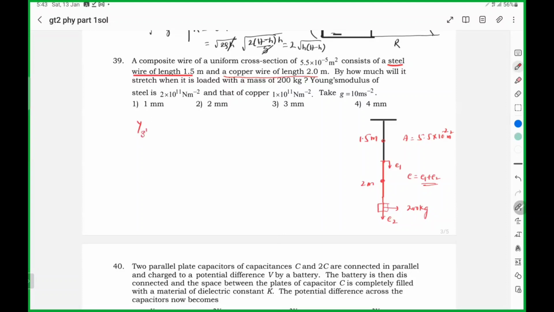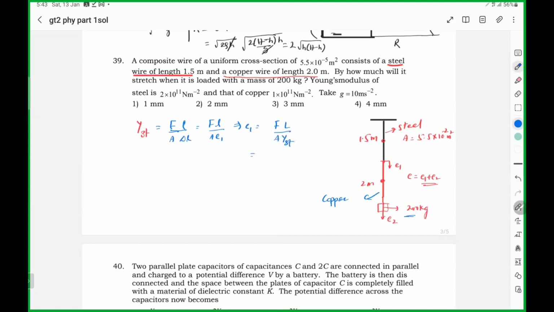So Young's modulus of steel, this one is steel and this one is copper. This is the formula for finding Young's modulus. So the extension in the steel wire is FL by A times Young's modulus of steel.